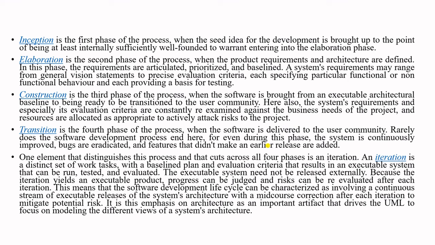After the V-shaped model, there is the prototype model, which is a model in which the prototype is developed prior to the actual software. After that is the spiral model. The spiral model includes iterative and prototype approaches both.